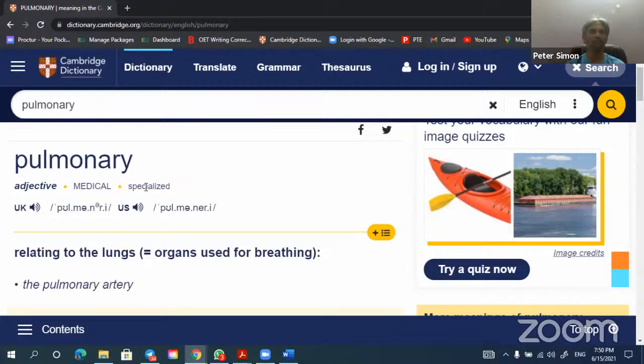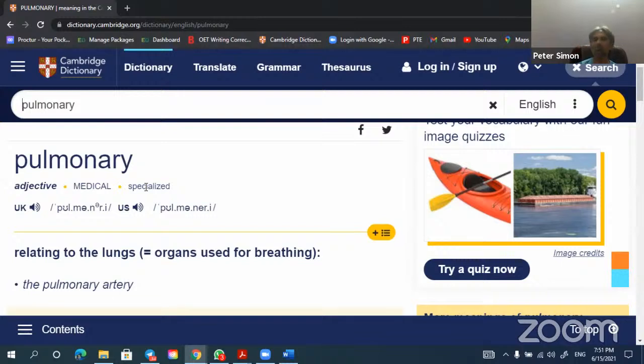You'll get a very good score. It is related to lungs. A person who is a specialist in the lung problems, like a heart specialist is called a cardiologist, and a lung specialist is a pulmonologist. So that is it. So if you say breathing problems, you can say pulmonary problems. So you can use the word pulmonary.